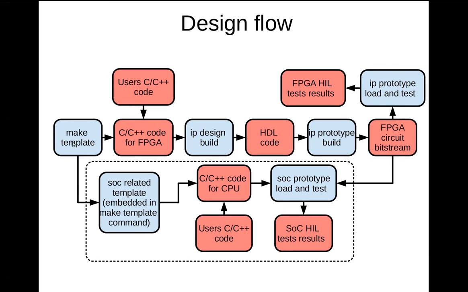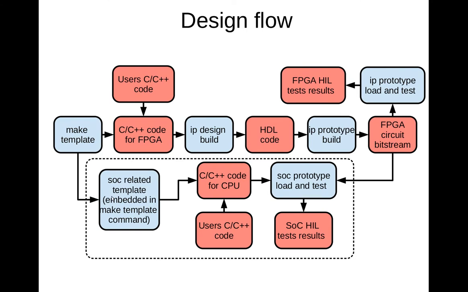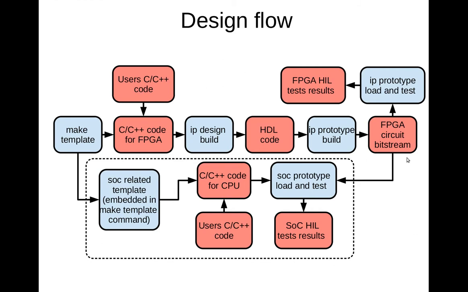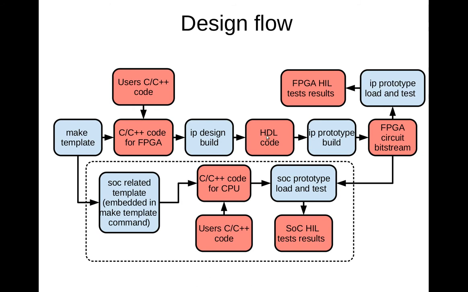Firstly, we'll go through this branch of the design flow, and then we'll come back and do similar steps for the CPU part. The dashed rectangle highlights the blocks that are used only for heterogeneous implementation, while other blocks are used both for pure FPGA and heterogeneous implementations. Okay, so the first step is to call make template command.